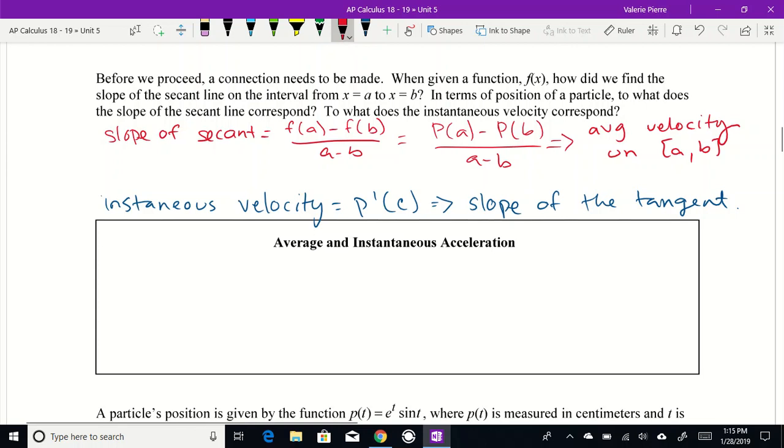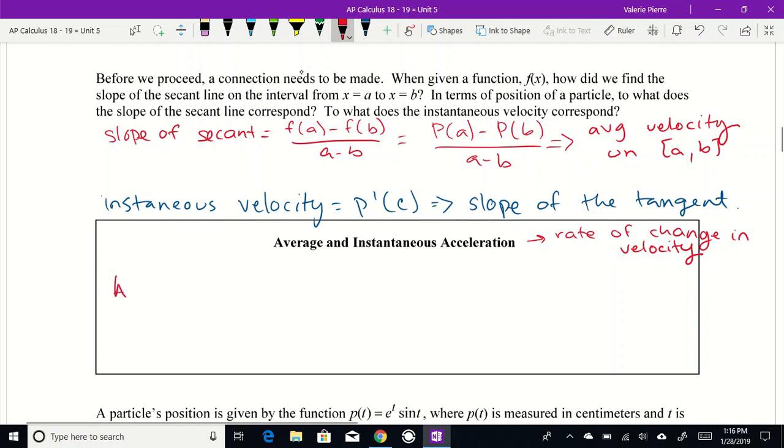All right, so now let's look at average and instantaneous acceleration, which is going to be the rate of change in velocity.